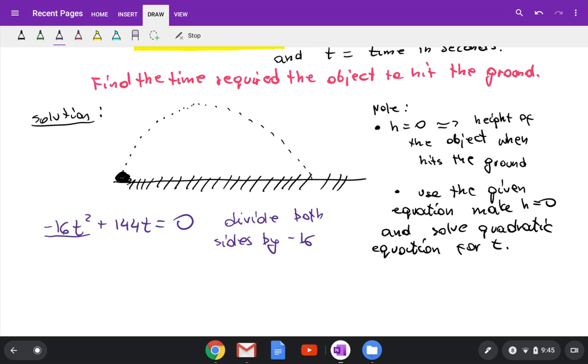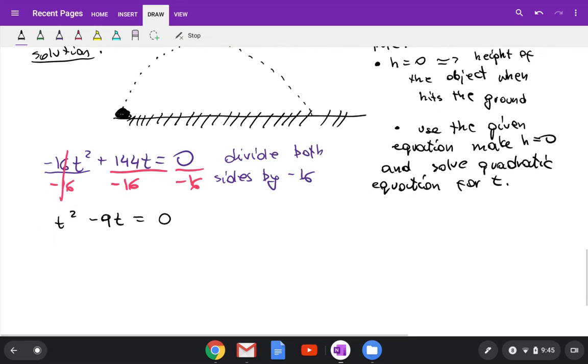So I'm dividing each by negative 16. And you can always do that as long you're dividing each. So that will give us t squared. 144 divided by negative 16 will give you negative 9t, and 0 divided by negative 16 is just 0.